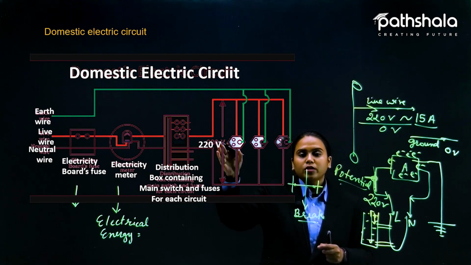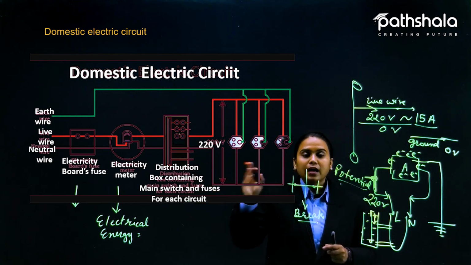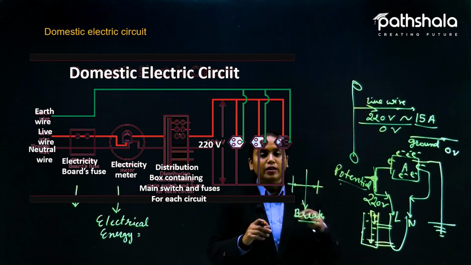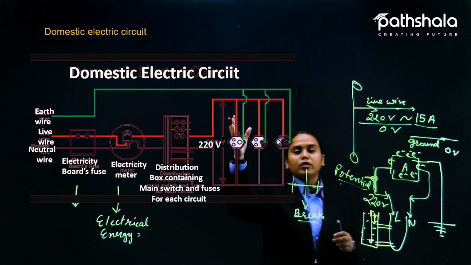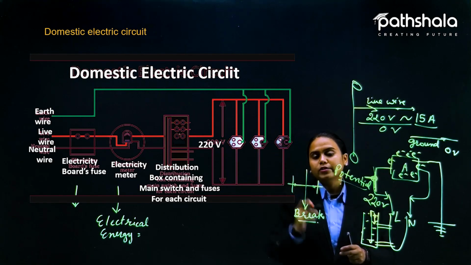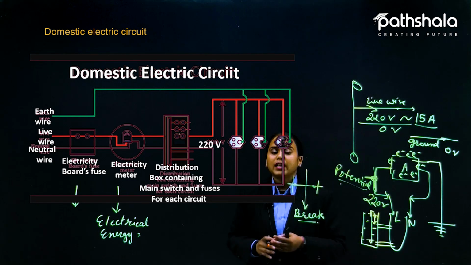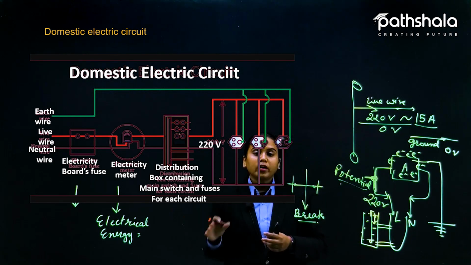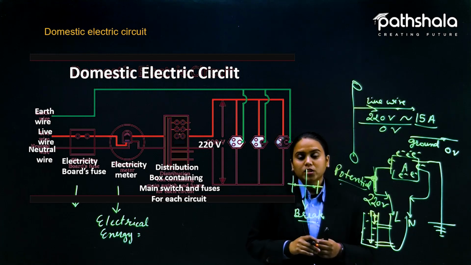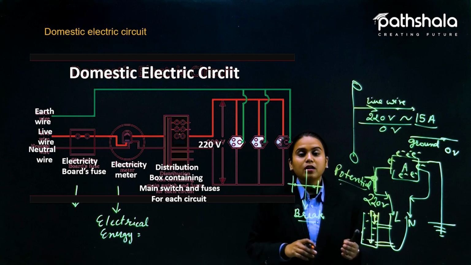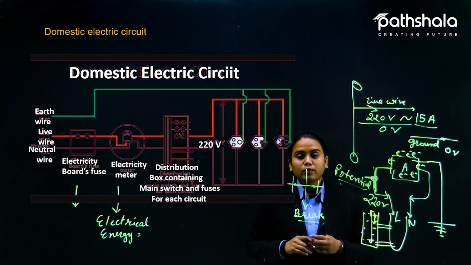Now we can put the wire with these sockets and connect it to the different rooms, and for different rooms we have different sockets, and there we can use electricity well. So this is what our domestic electric circuit looks like. I hope you understand it well and remember the things, and this diagram is very important from the point of view of your exams.